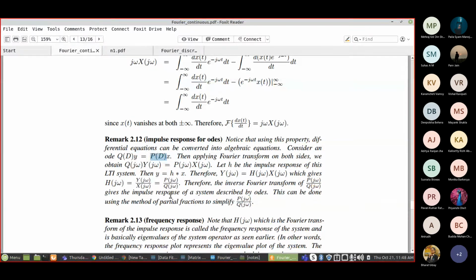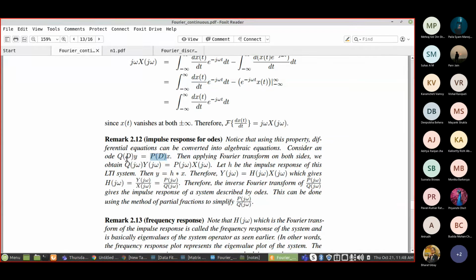And you know the inverse Fourier transform of rational functions. Use partial fractions and use the exponential property of the inverse Fourier transform. Complex exponentials map to 1 over (j omega plus a) or whatever. So you can find the impulse response for ODEs, and you can also solve ODEs using this.